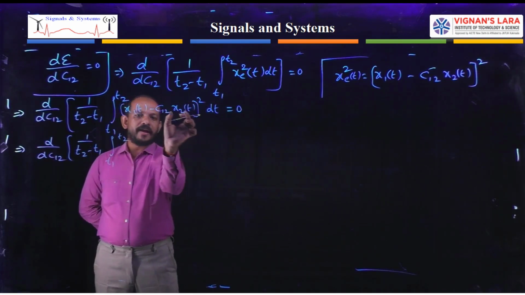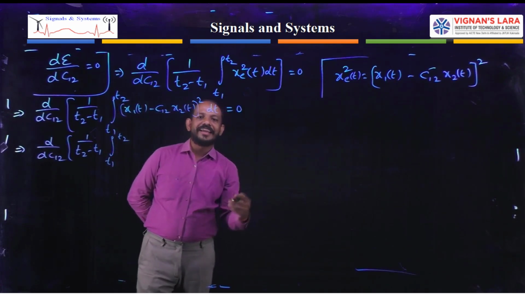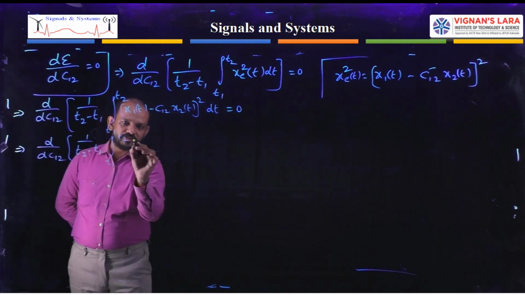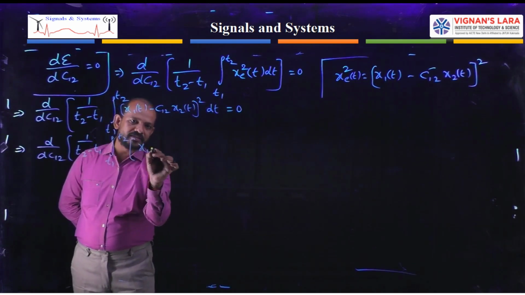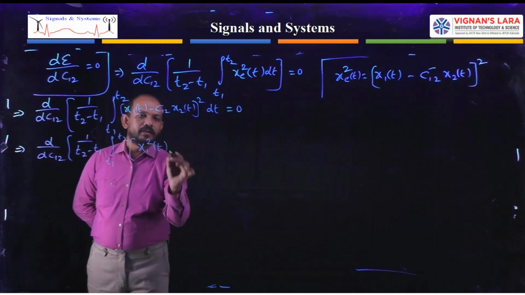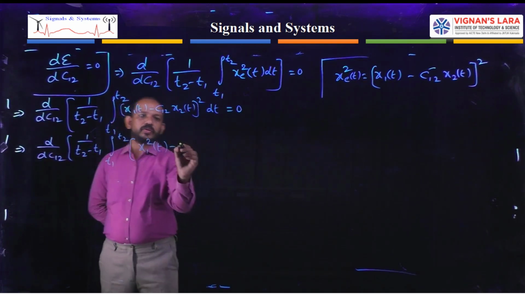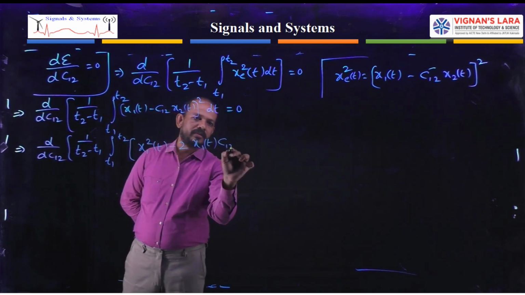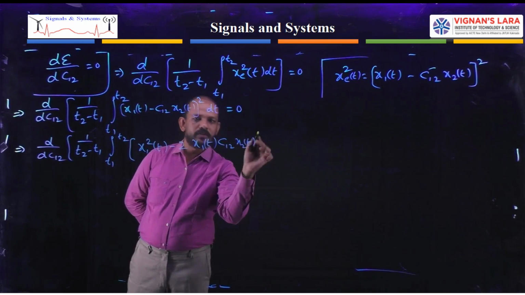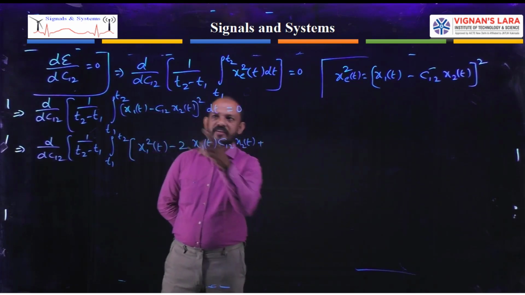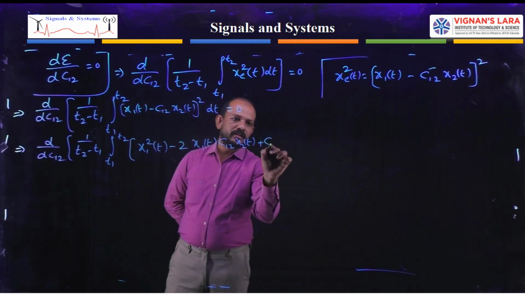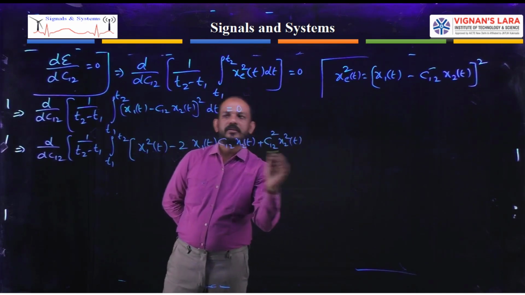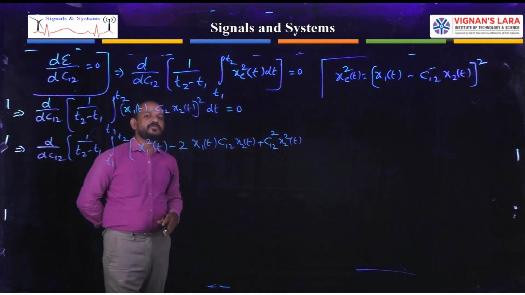So I have to write x1 square of t minus 2 x1 of t C12 x2 of t plus b square, which is (C12 x2 of t) whole square.